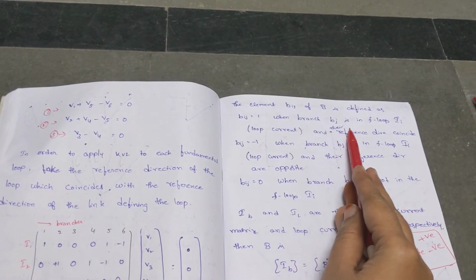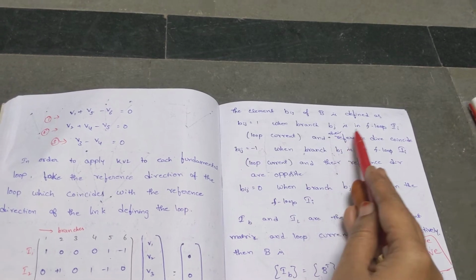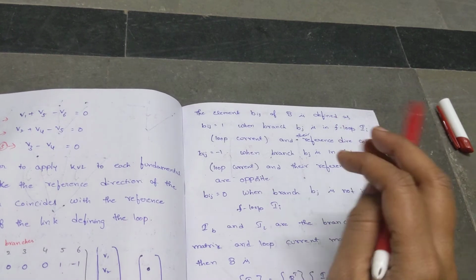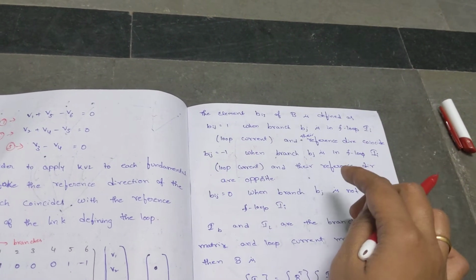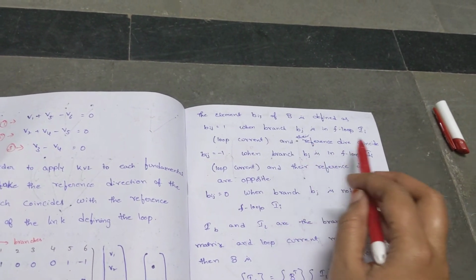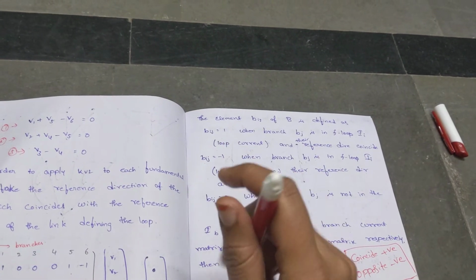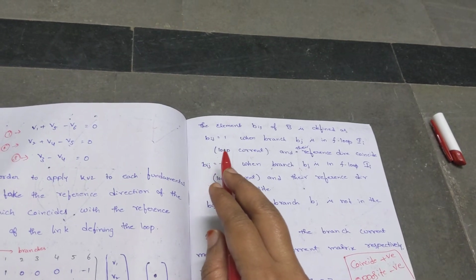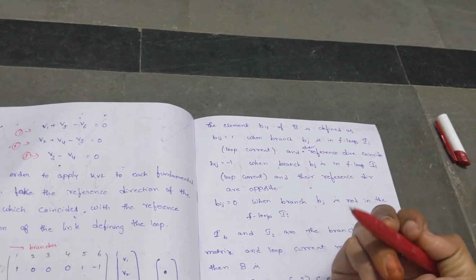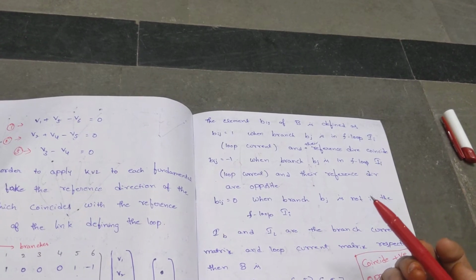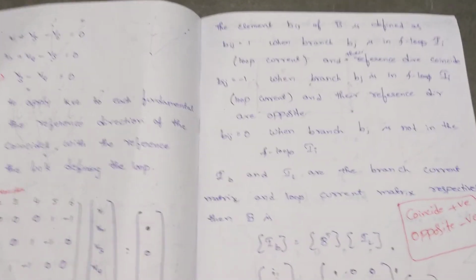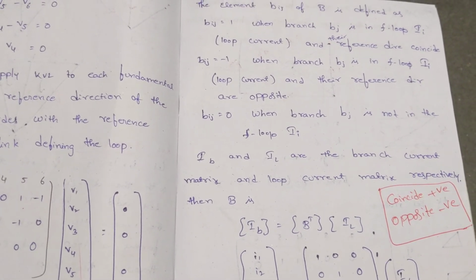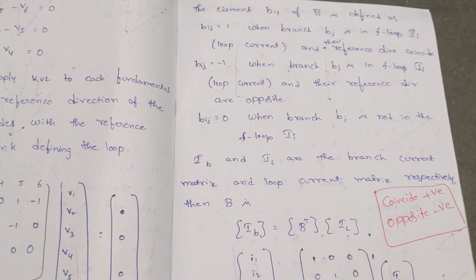The same thing is mentioned here. If the branch is available in the F loop, that means your closed loop, and the direction also coincides with your loop current, we assume it as positive. If the branch is available in the closed loop but the direction is opposite, we assume it as -1.